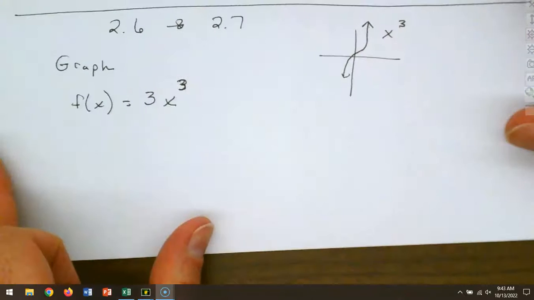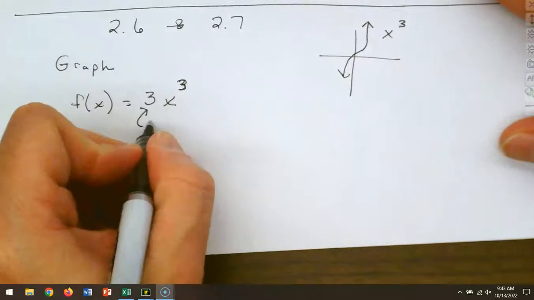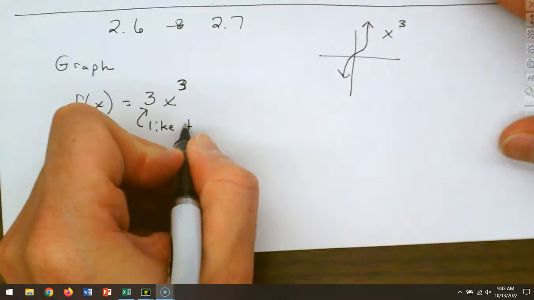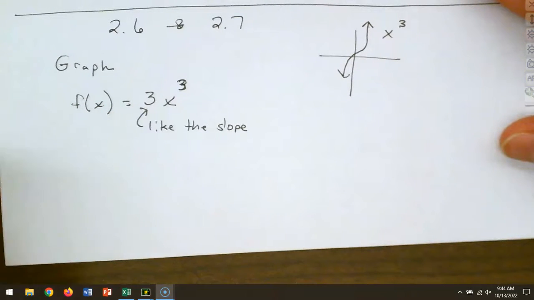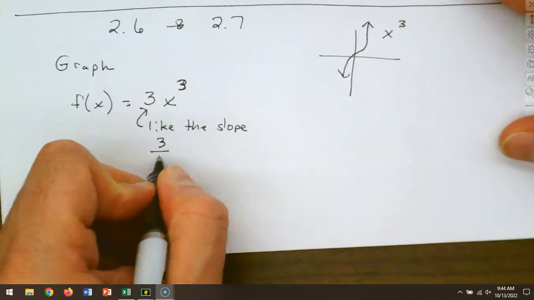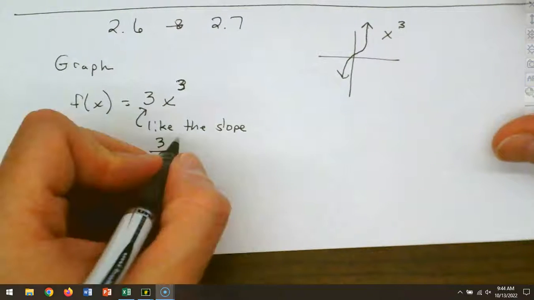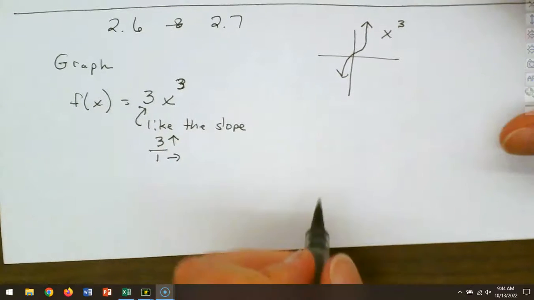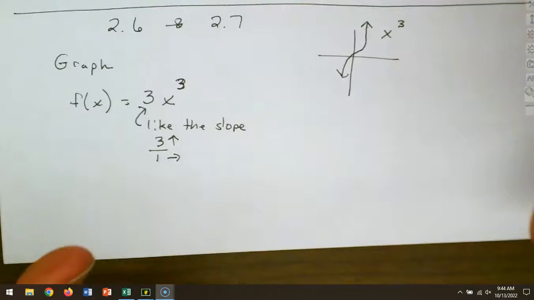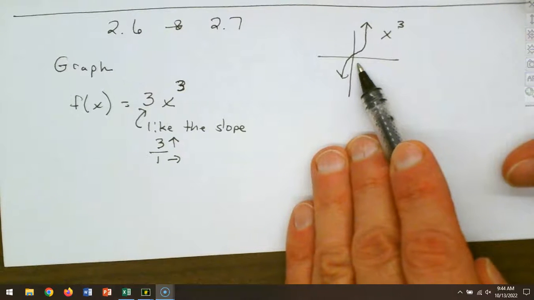Now, what about that 3 in front? That 3 in front is going to be like the slope. It's not the slope because these are nonlinear, but this is like the slope. So that's going to be 3 over 1. And just like the slope, we would go up 3, and we would go over 1. Now, our graph needs to look sort of like this.